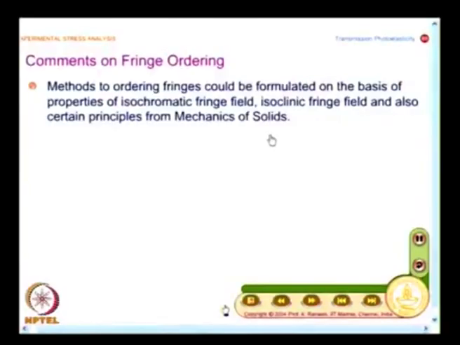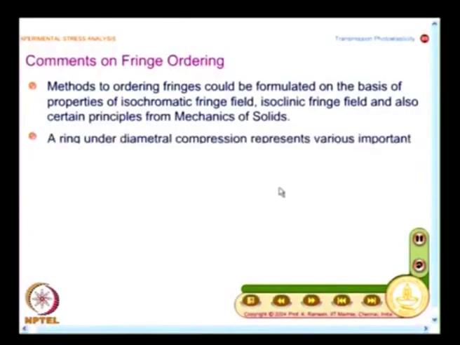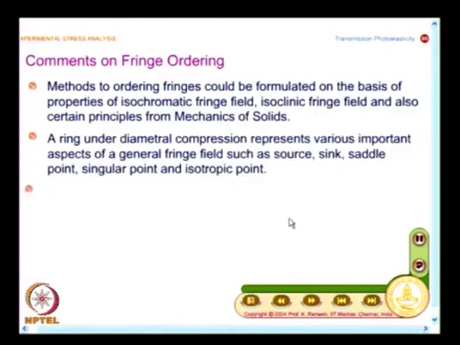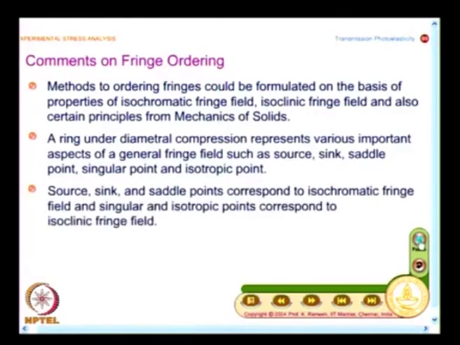And even before we look at those properties, let me list only the names. I am not going to explain them. I want you to look at the fringe pattern and try to figure out yourself. And if you look at the problem of a ring under diametral compression, it represents various important aspects of a general fringe field such as source, sink, saddle point, singular point and isotropic point.